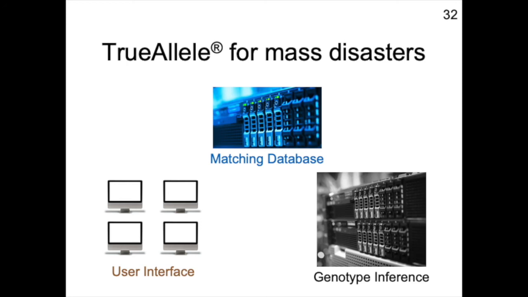Basically, if you have anything at all, or if you have evidence that exceeds what a crime lab is capable or willing to do, groups, including crime labs, will send the evidence to Cybergenetics for consultation and TrueAllele processing. But this is set up that in the event of, God forbid, another major mass disaster, as the data starts getting generated, the connections between the victim remains and the missing people can be automatically produced as computer information.